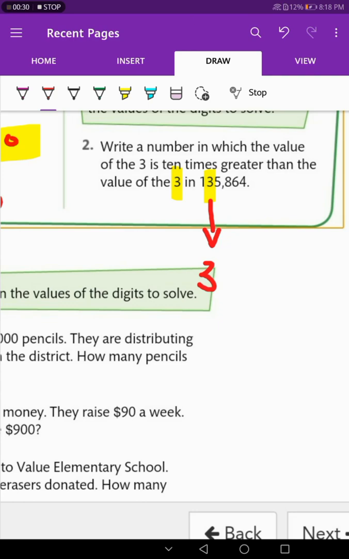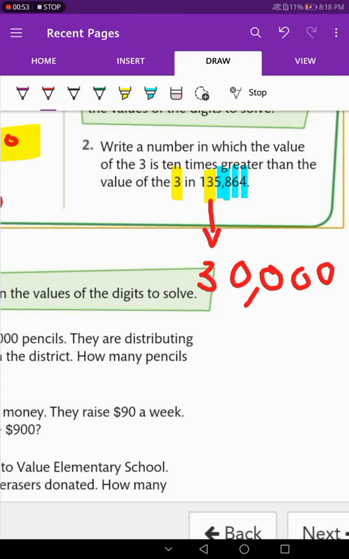Then, replace each digit in front of 3 with 0. 1, 2, 3, 4. So, we have 4 zeros. So the value of 3 is 30,000.